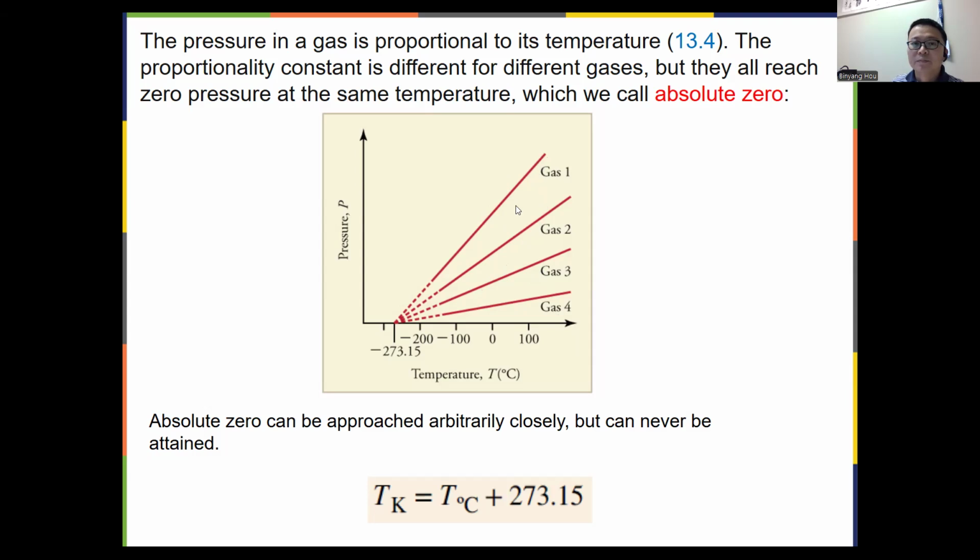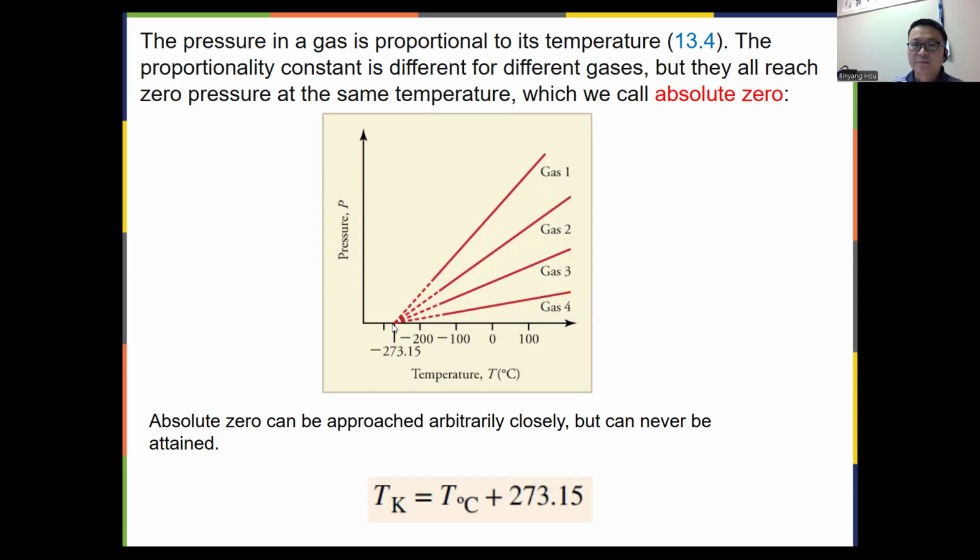But if you extrapolate the lines back to the left, they will all merge at this same point, which in Celsius is minus 273.15. On the other end, they do not meet. This is where the absolute zero temperature is.